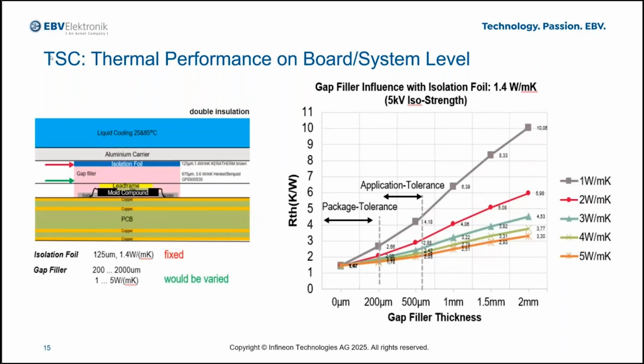In this case, Infineon started with a gap filler material topped by an isolation foil, and then on a liquid cooling application. Whereas on the lower part, the PCB is a standard PCB.